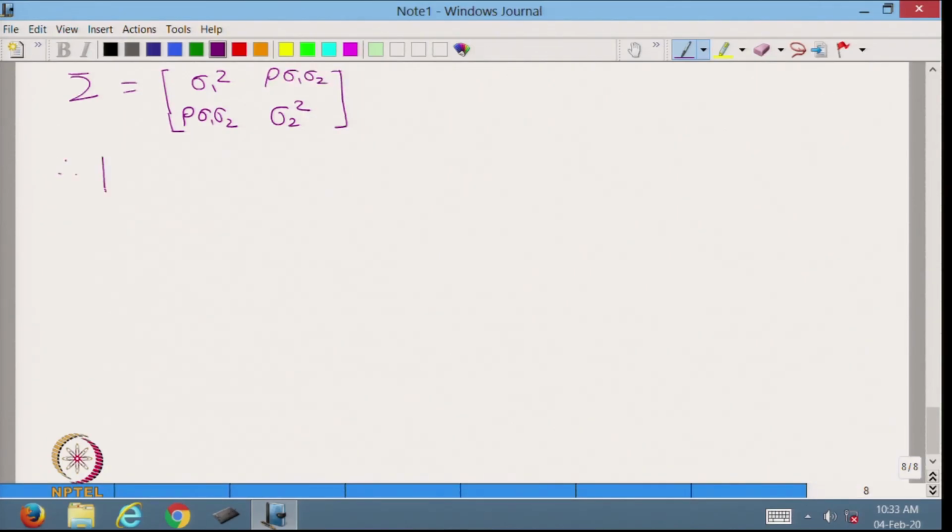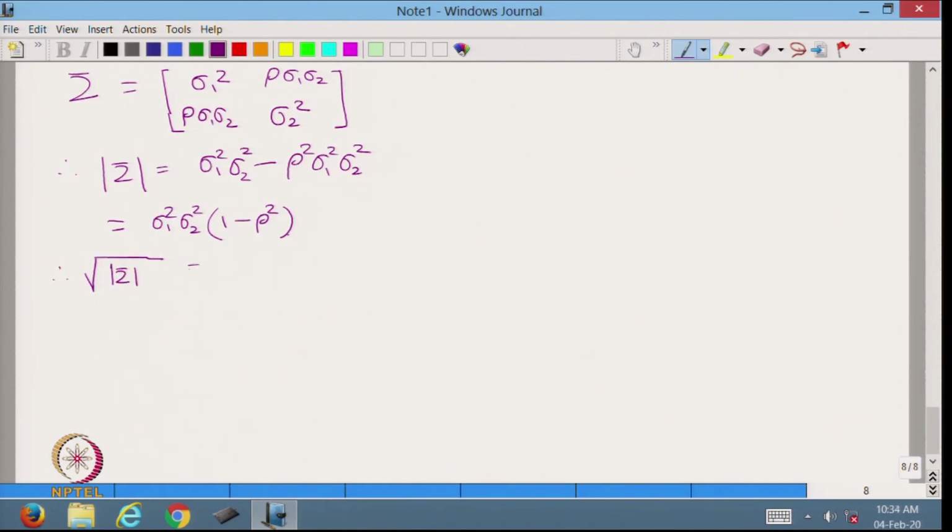Therefore, determinant of sigma is equal to sigma 1 square sigma 2 square minus rho square sigma 1 square sigma 2 square, which is equal to sigma 1 square sigma 2 square into 1 minus rho square. Therefore, square root of determinant of sigma is equal to sigma 1 sigma 2 into root over 1 minus rho square.